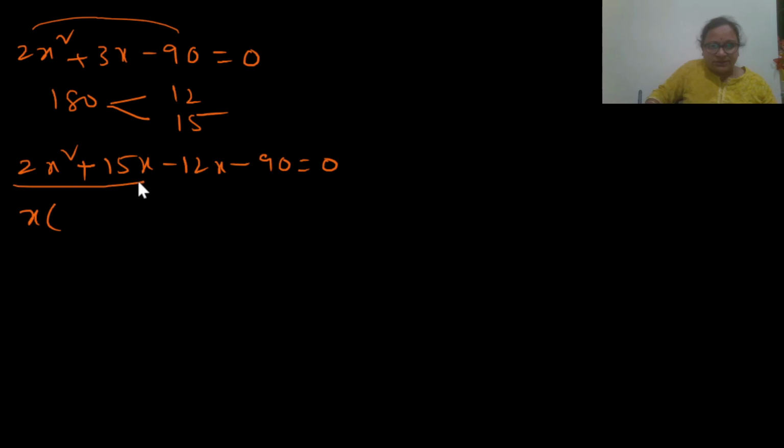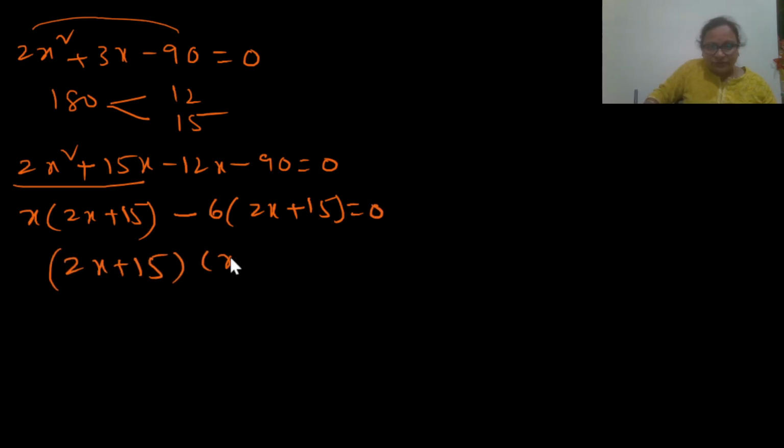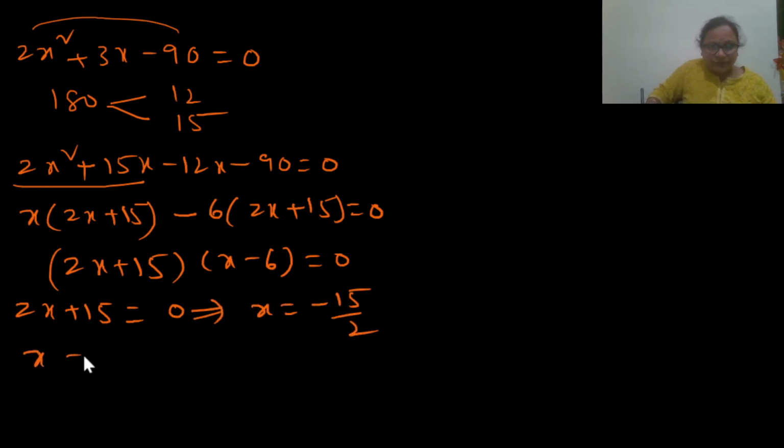Take x as common factor, 2x plus 15 minus 6, 2x plus 15 is equal to 0. So 2x plus 15 into x minus 6 is equal to 0. 2x plus 15 is equal to 0 means x is equal to minus 15 by 2. x minus 6 is equal to 0 means x is equal to 6.